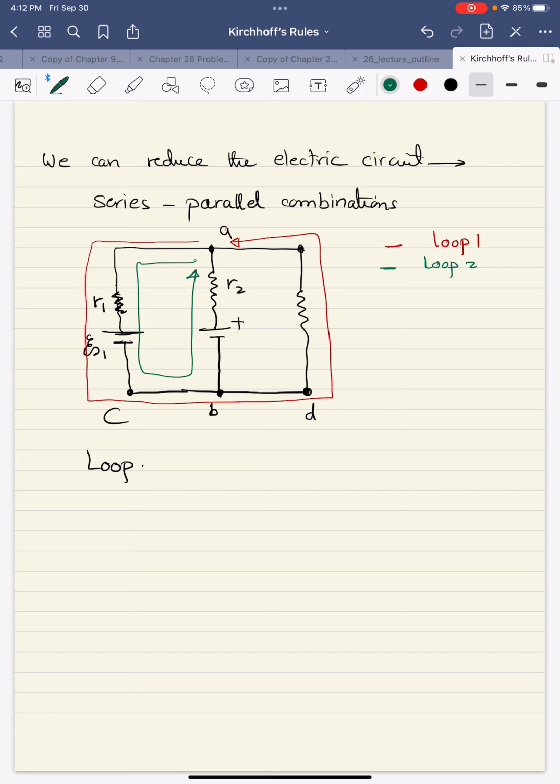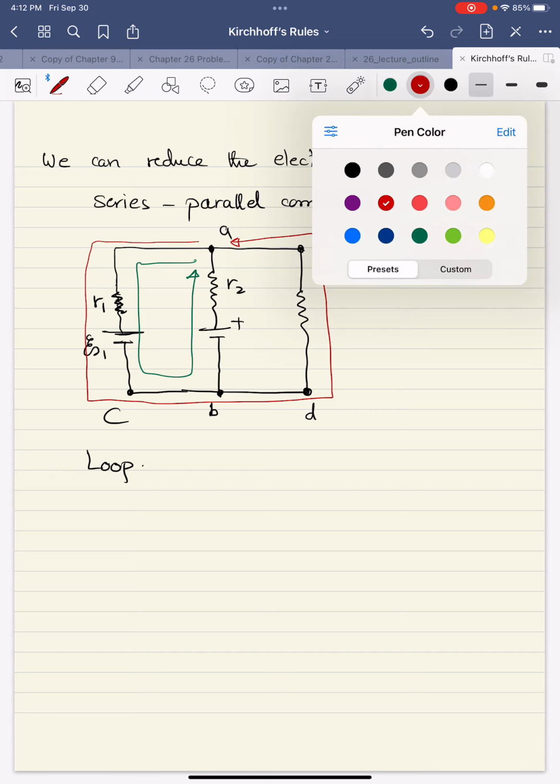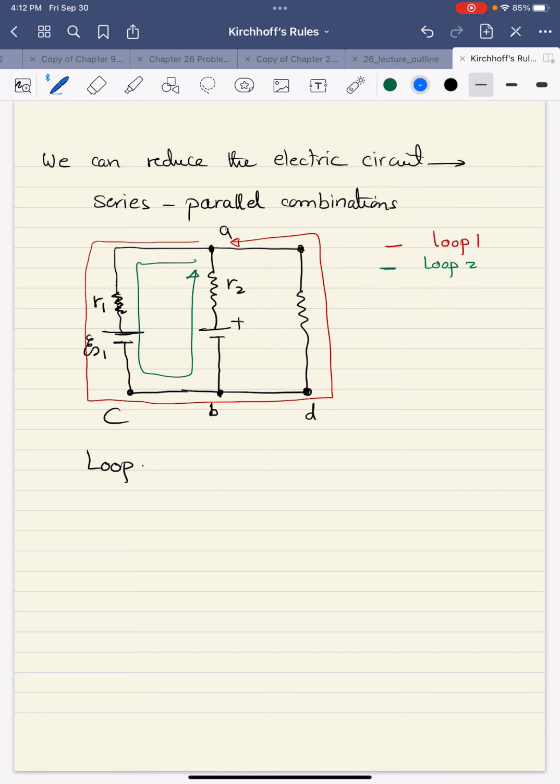Also, I have another loop which I give the blue, and this is loop 3. It is very important to understand the definition of a loop, which is a closed path of the circuit.